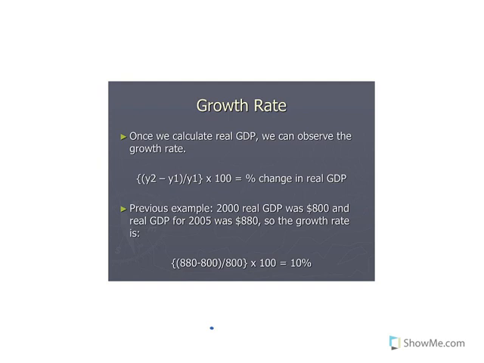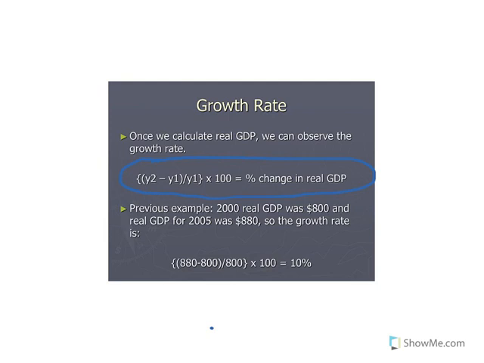So you've probably learned this previously in a math class, easily calculating percent changes. So in this case, because the time period that we're normally looking at is a year, you would do the value of GDP in year 2 minus the value of GDP in year 1, divide that by the value of GDP in year 1, and then of course multiply it by 100 in order to get that true percent change.